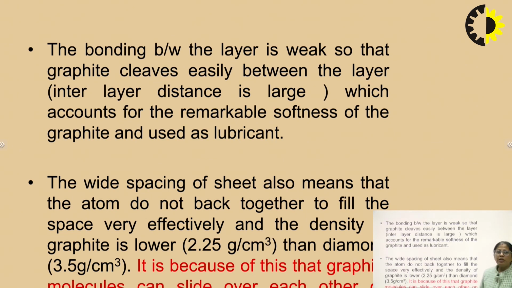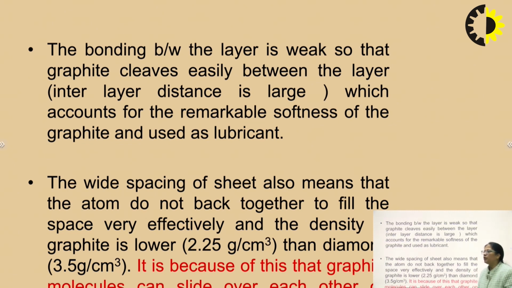The bonding between the layers is so weak that graphite cleaves easily between the layers, which accounts for the remarkable softness of graphite, and it is used as a lubricant. These sheets are around 3.4 angstrom apart, and they slide over one another. Therefore, graphite is a good lubricant, because friction between the layers is very less.